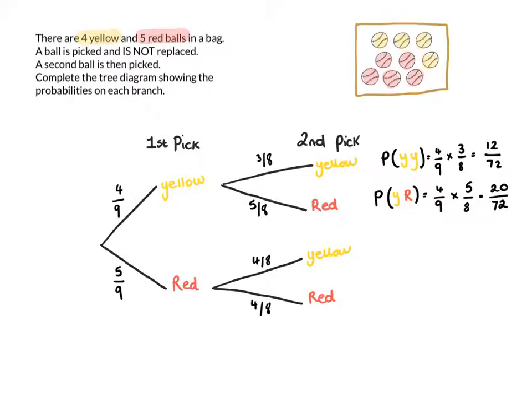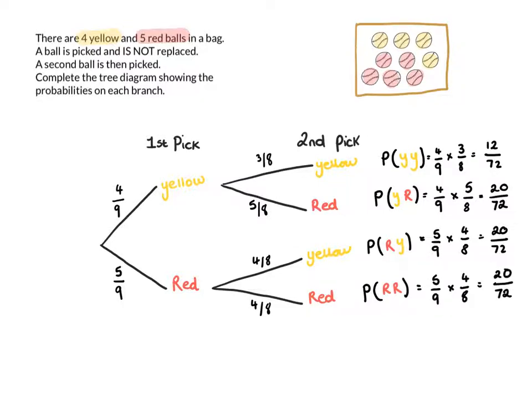A red and a yellow. And picking red and red. Now we have a completed tree diagram, let's have a look at what questions we could be asked.